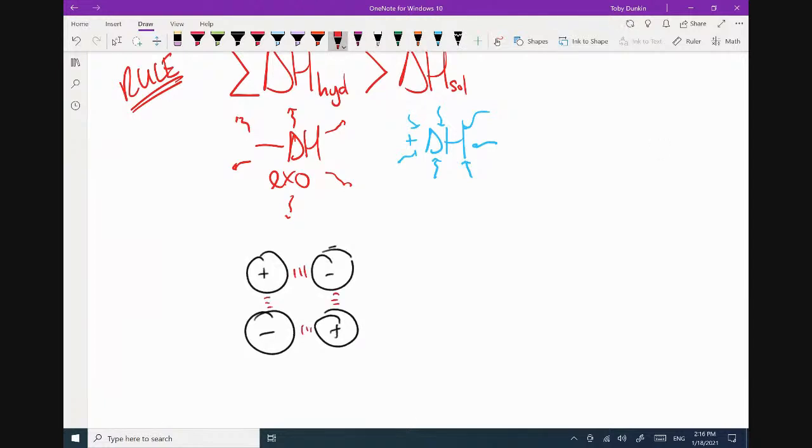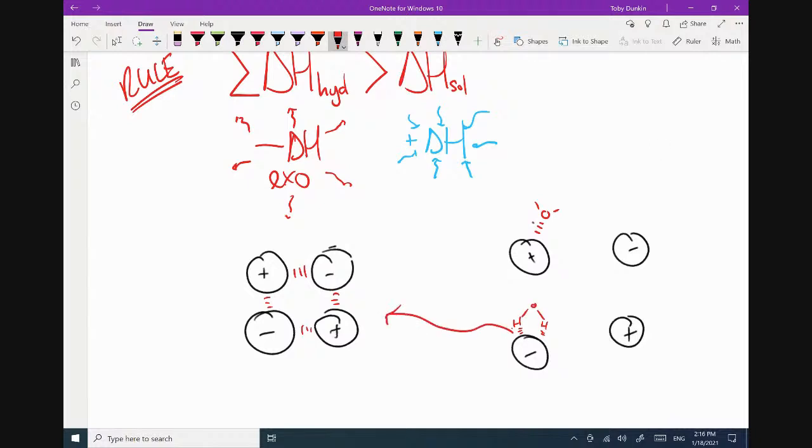If something is going to dissolve and form these ions, we have to break those bonds. And where does that energy come from? It comes from the formation of the ion-water bonds. The energy of formation of these is used to break the lattice. Does that make sense?